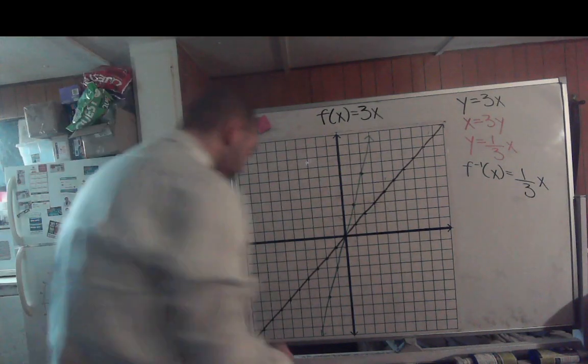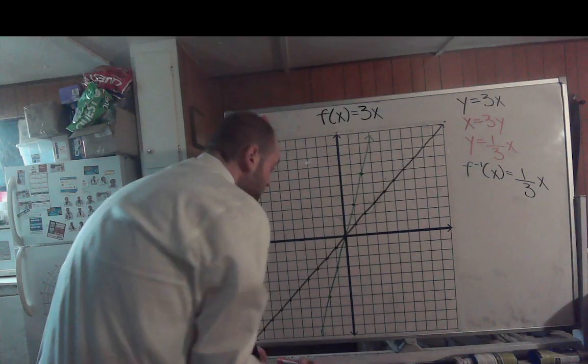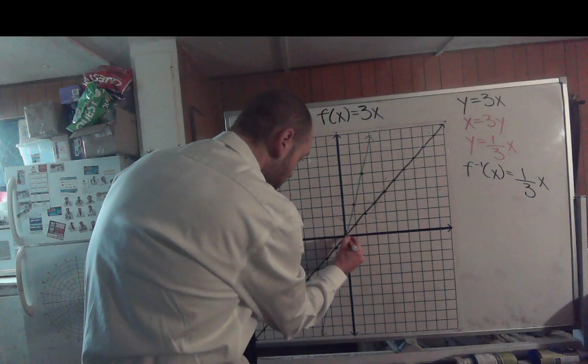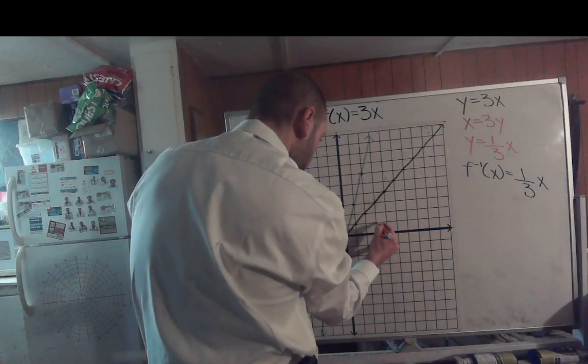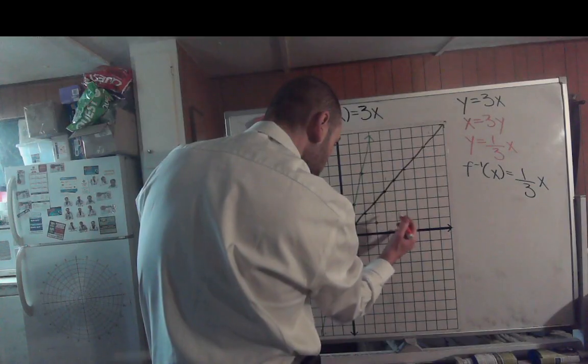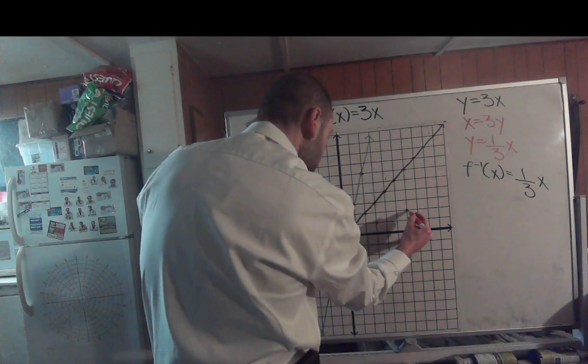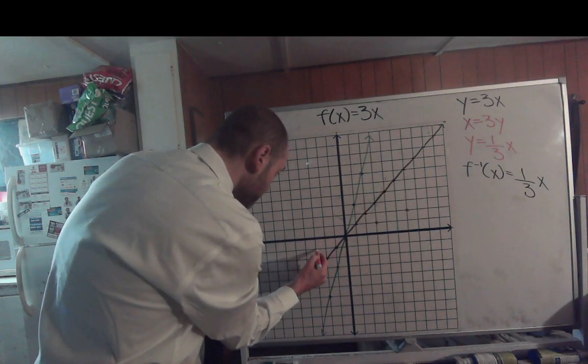Now let's graph my f inverse of x in orange. So I still have 0, 0. Now when x is 3, I get a value of 1 for y. When x is 6, I get a y value of 2. When x is -3, I get a y value of -1.